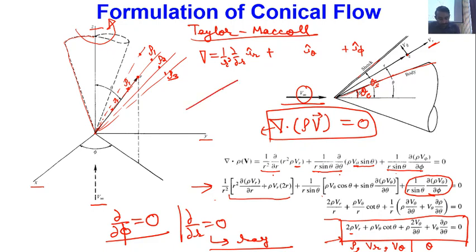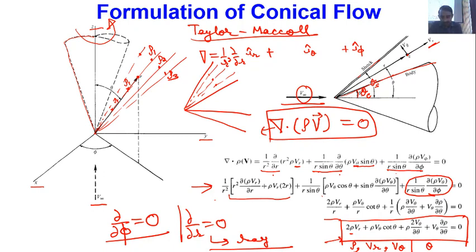It means in a conical flow, if this is the shock wave and this is the cone, and this is one ray, this is another ray, this is third ray, then this equation has to be solved for each ray. So we have to march the solution in theta direction, because along the ray the solution is constant.